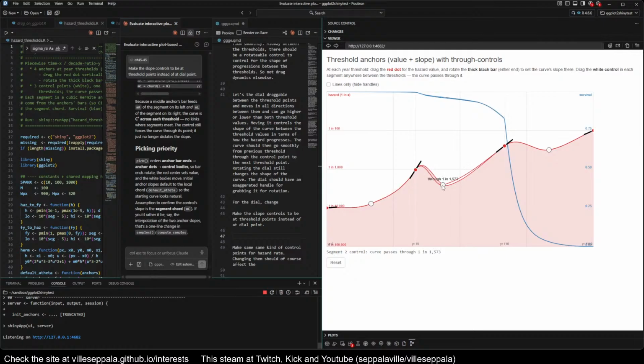Or maybe not. I'm thinking about that, like if I had two slope controls here.